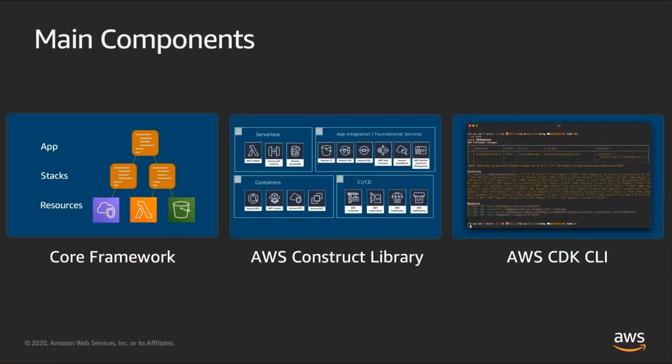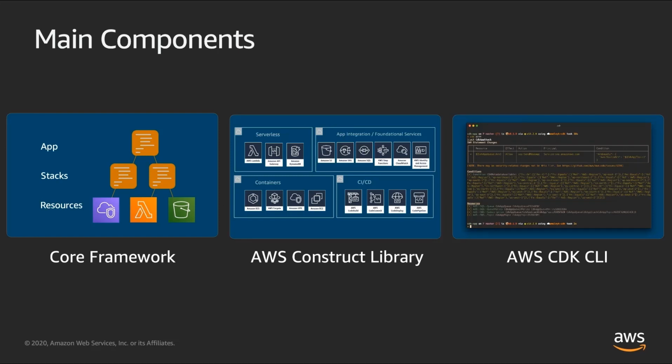So when we think about what the AWS CDK is, I like to divide it into three main buckets. We have the core framework, we have the AWS Construct Library, and then we have the AWS CDK CLI.